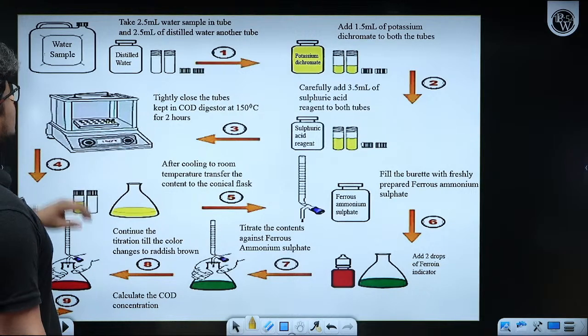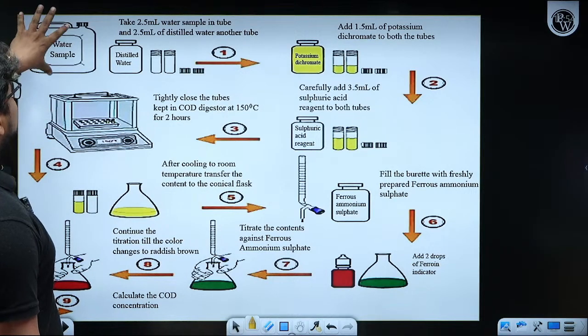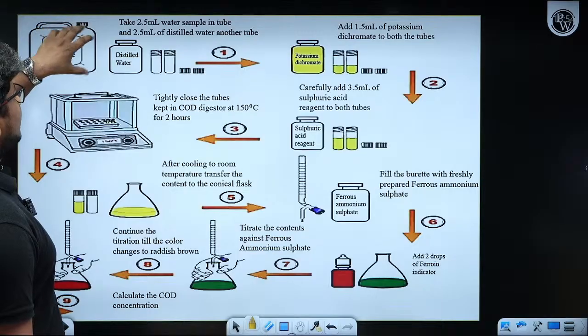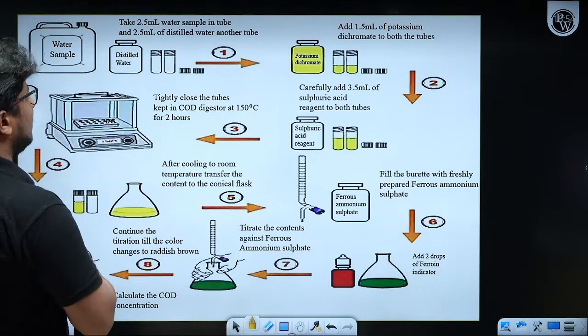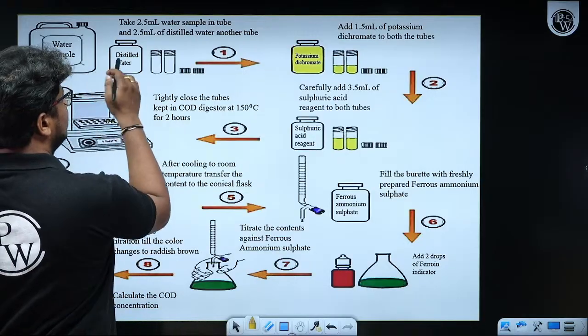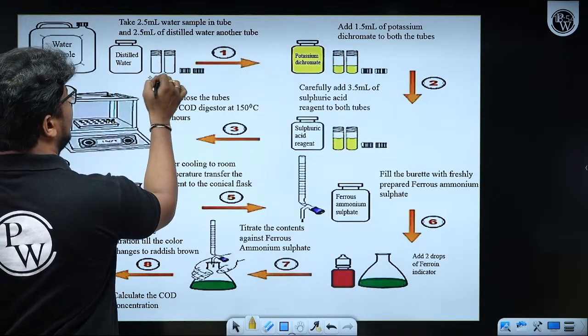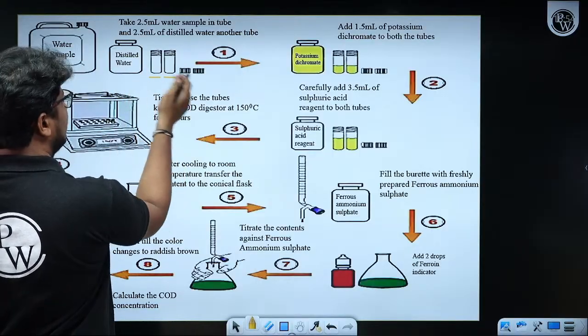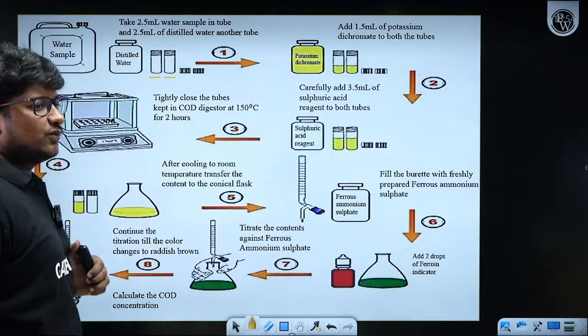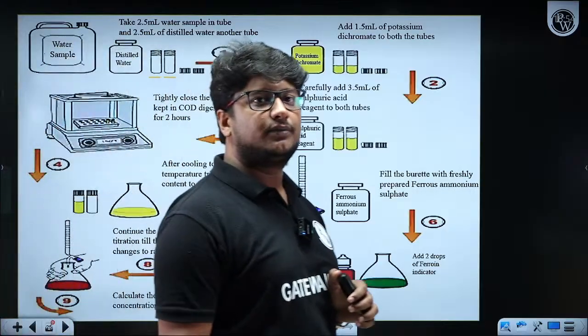Okay. So what we are doing, we have a water sample container, and then we have distilled water in a small container. From both, we are taking two tubes. In one tube we fill the water sample, in another tube we fill the distilled water. Sir, why are you doing the test for distilled water?